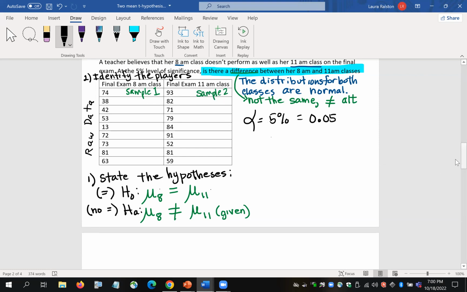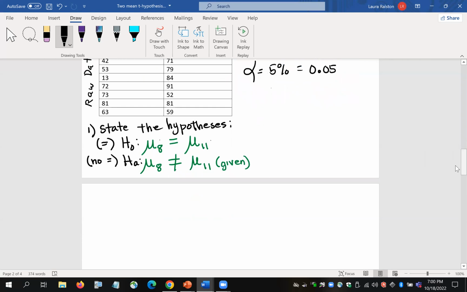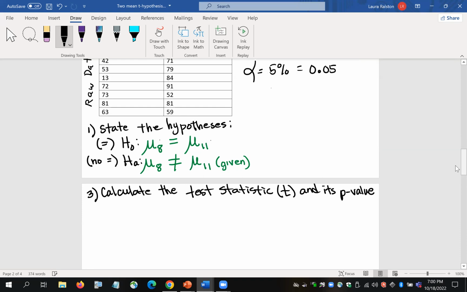So I'm down to step 3 in the hypothesis test, which is to calculate the test statistic, which is a T, and its p-value. And we're going to do that in Minitab.